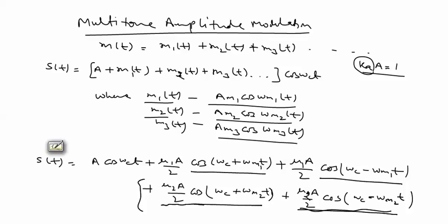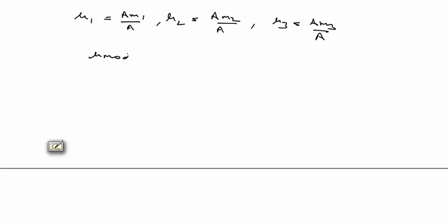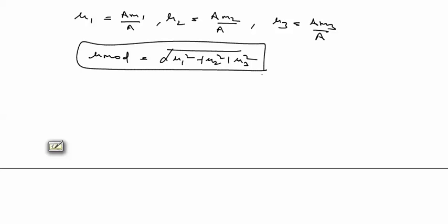New value of mu1 is A m1 upon A, mu2 is A m2 upon A, mu3 is A m3 upon A, where mu is the square root of mu1 square plus mu2 square plus mu3 square. Modified modulation index can be represented in this way.